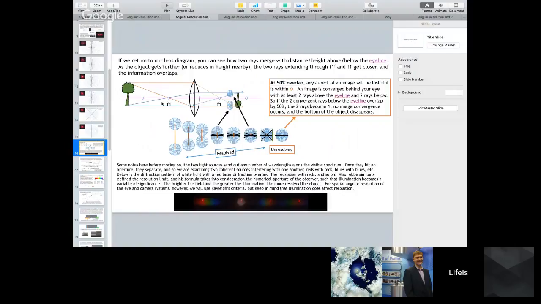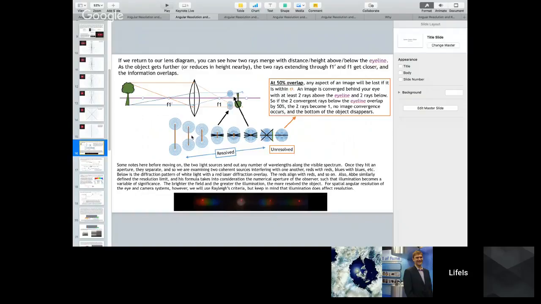And so as they travel, these two light rays are closer together than when you're looking at a larger object, where they're further apart, okay? Taller versus shorter, you just look at it that way. So there's less overlap between the taller version of the tree versus the shorter aspect of the tree.